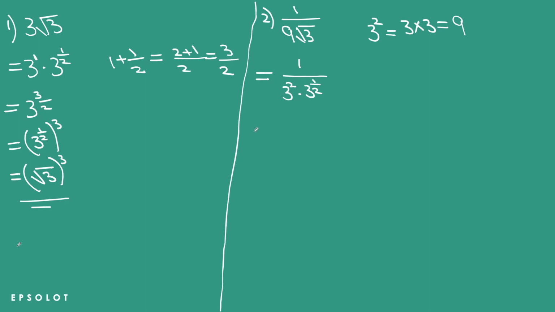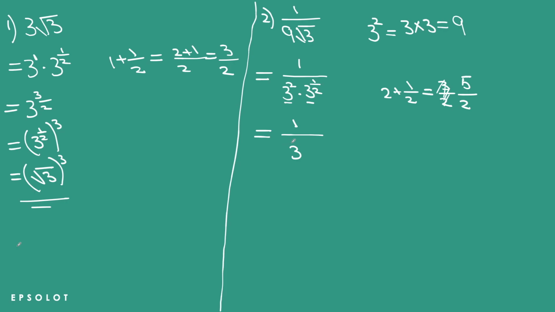And then again, since the base is the same, I'll write 1 divided by 3. Because the base is the same, I am allowed to add the two exponents together, and that's exactly what I'll do right here. So 2 plus a half is, oops, sorry, that is not 3 over 2, that is 5 over 2.